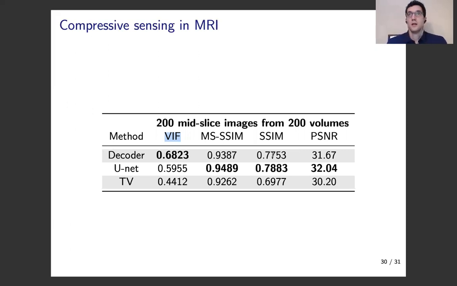So I think those results are very interesting because they show that this untrained network can perform on par with a baseline of a trained method. So I'm not saying that it can perform better than the best trained methods. The best trained methods are better than the UNet.